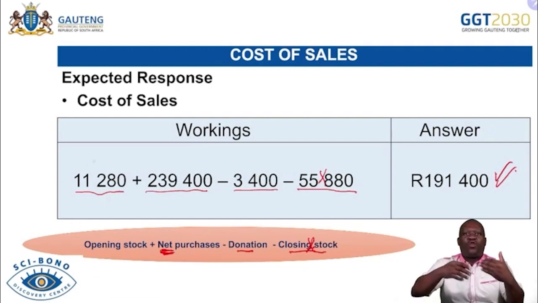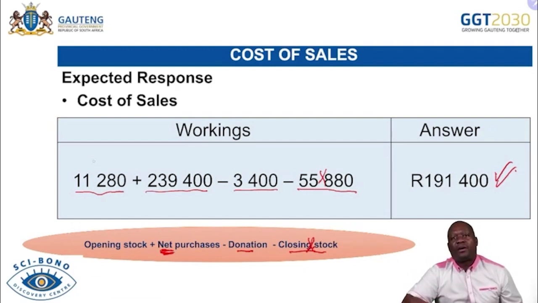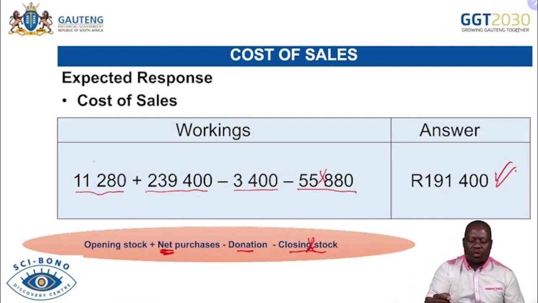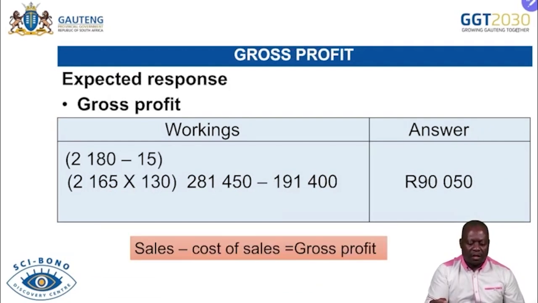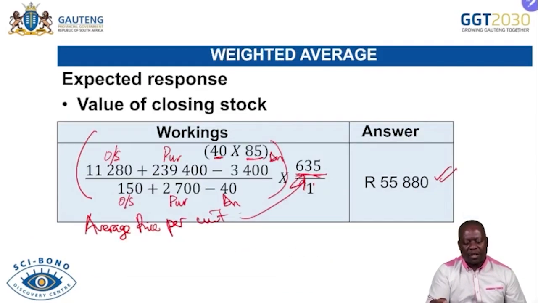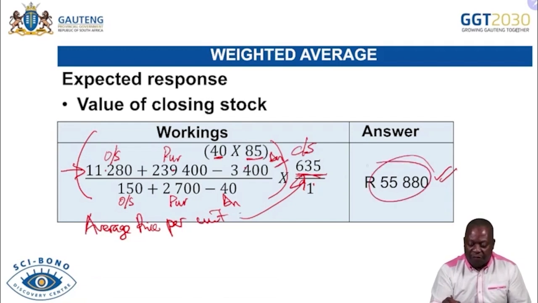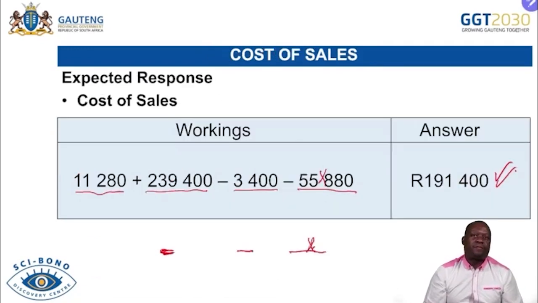We are using the numerator part of that one when we were calculating. Opening stock, add purchases, which are net purchases, minus donations. The only thing that we are going to do is to say minus closing stock, which we have found now. That's what leads to this that we have here.